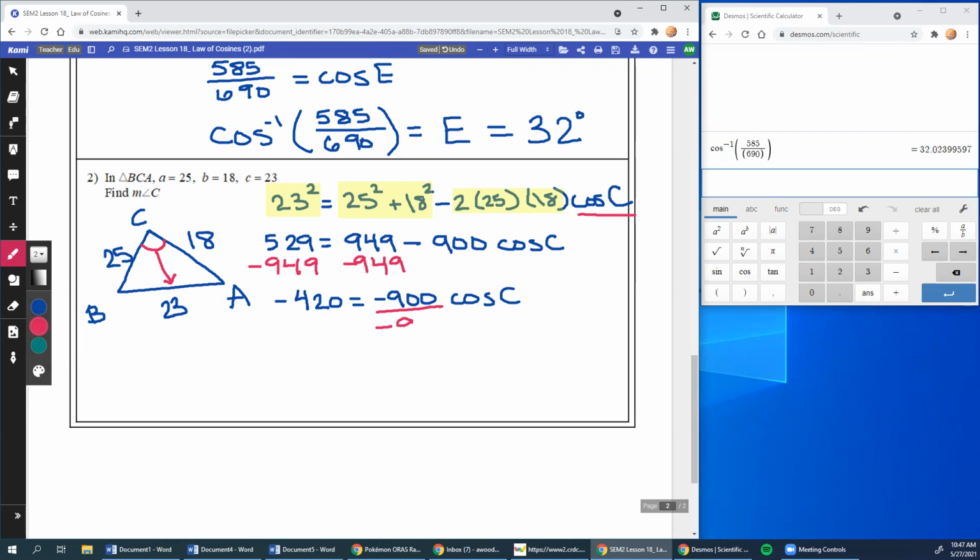Divide by negative 900. Again, the only simplifying we're going to do at this step is to simplify a negative divided by a negative, turns it positive.